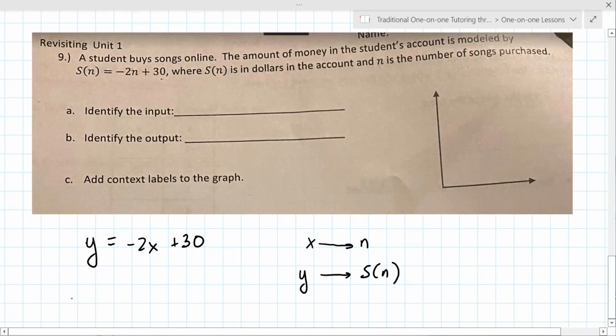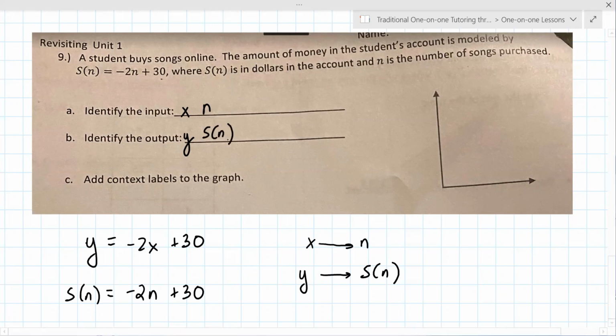So they rewrite it, but it's still an equation of a line. So x is always the input, and y is always the output, but we're not using those letters in this problem. We're using n and S of n. And you have to be able to make that mapping.